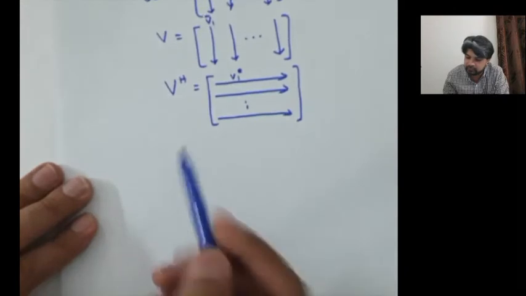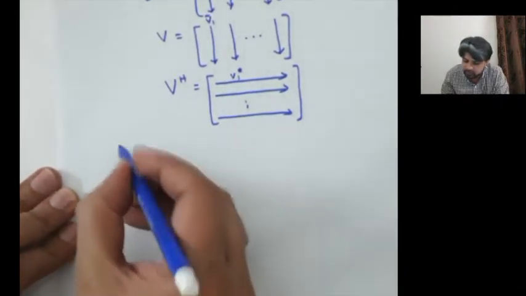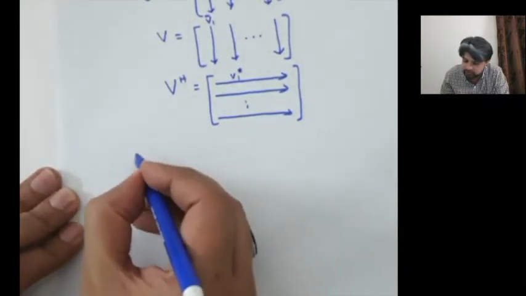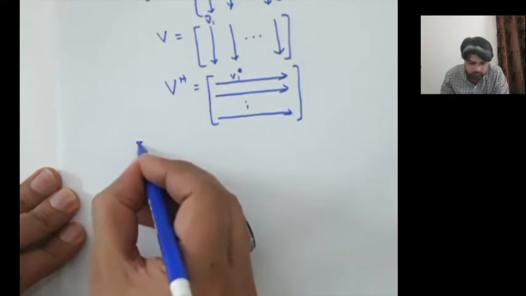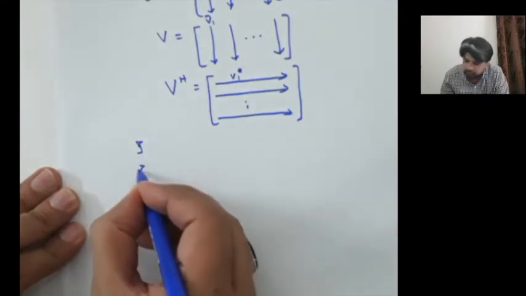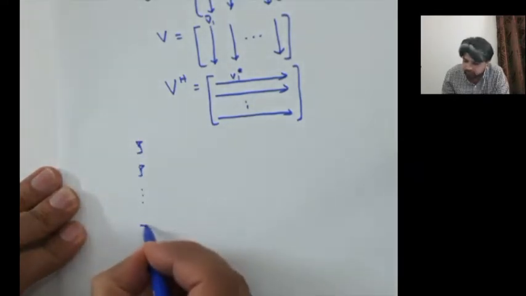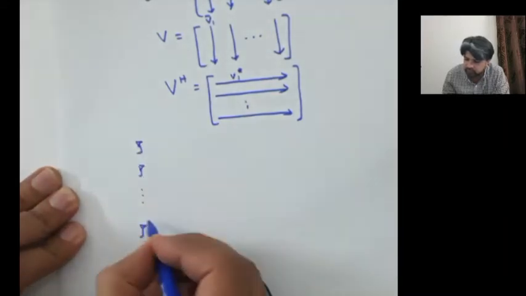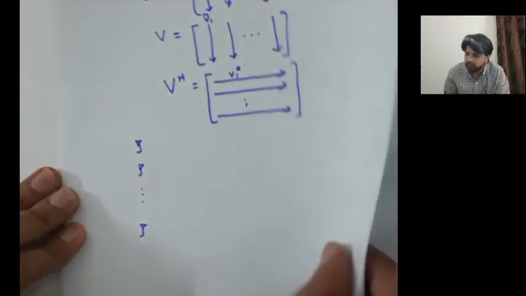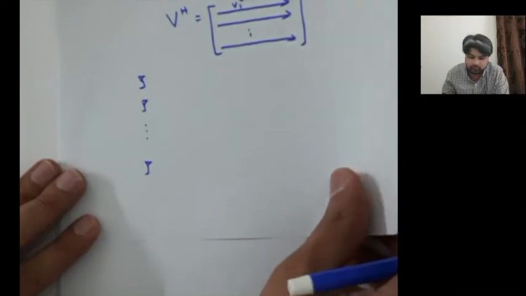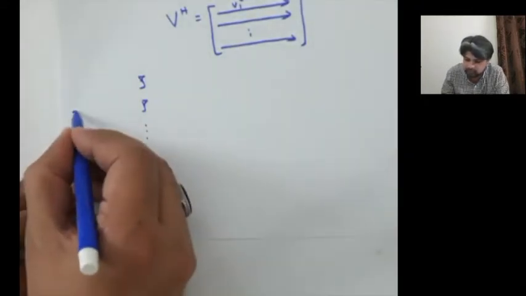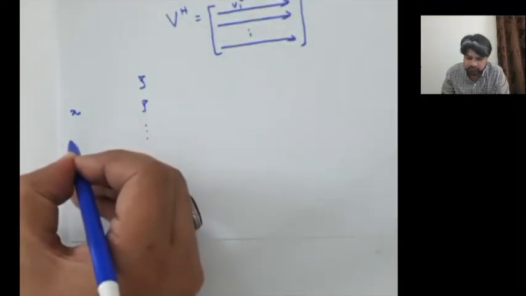So let me explain. So you have this MIMO system. You have antenna one, antenna two, up to MT transmit antennas, and now you want to transmit the same symbol X, for example, from all of these transmitting antennas.